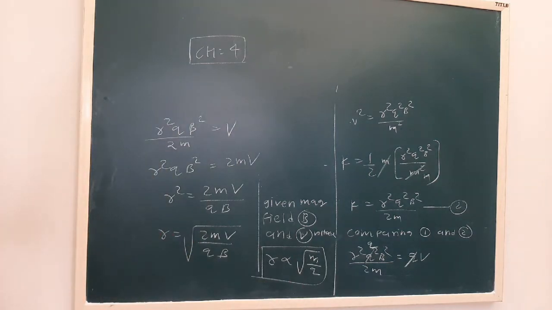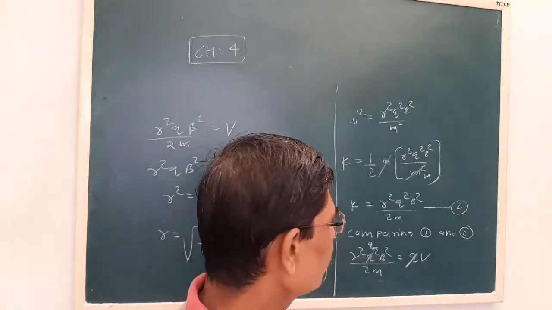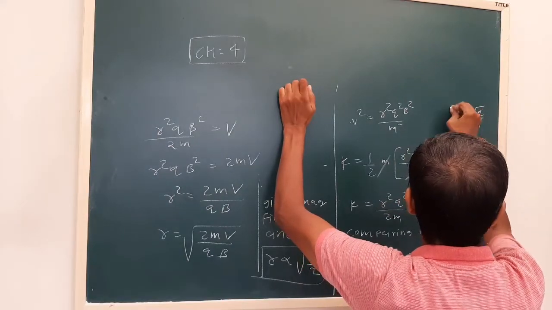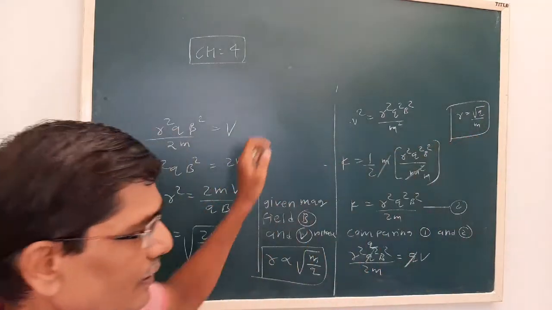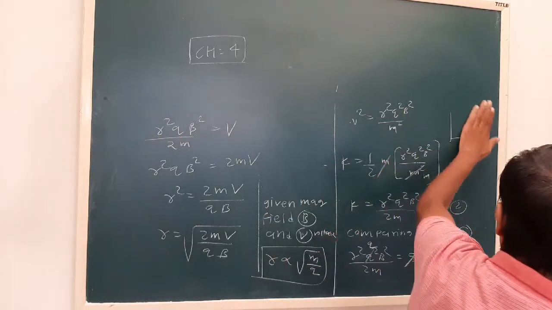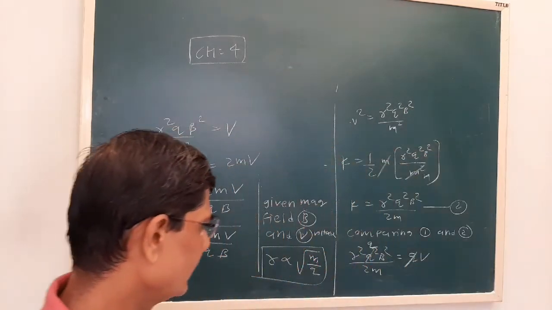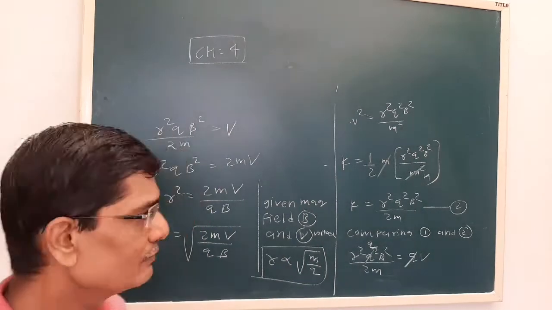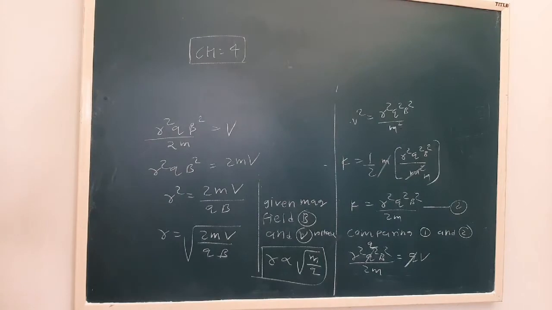See, earlier we proved that R is equal to mv by qB. See the resemblance. Okay, these are two useful formulas for solving MCQ and numerical. So this is how we can say when a charged particle is accelerated by some voltage, it will attain some energy.